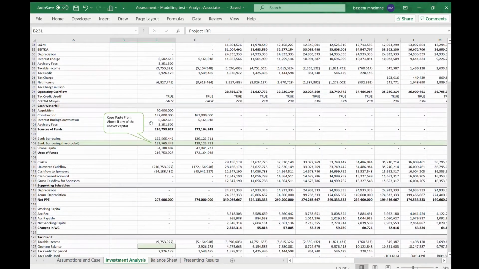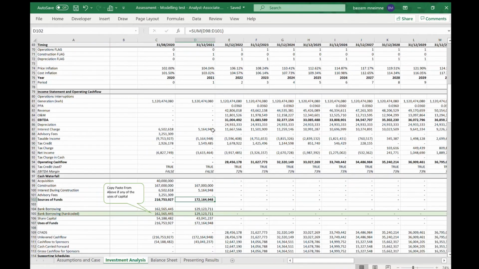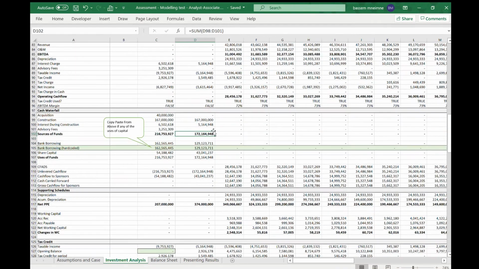I will not go into too much detail of how I calculated my operating cash flows, but what's important here is that, to understand project finance, you need to understand that during the construction period of the project, you are essentially paying down interest for the project using the loan itself.